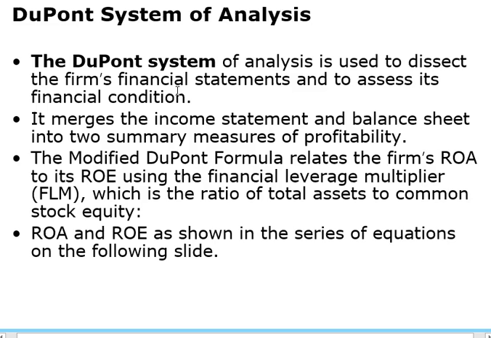And the ratios, we talked about a bunch of ratios that are a measure of profitability. Return on assets, return on equity, net profit margin, operational profit margin, gross profit margin. So the DuPont system is going to relate the return on equity to return on assets. It's two key ratios we need to analyze.